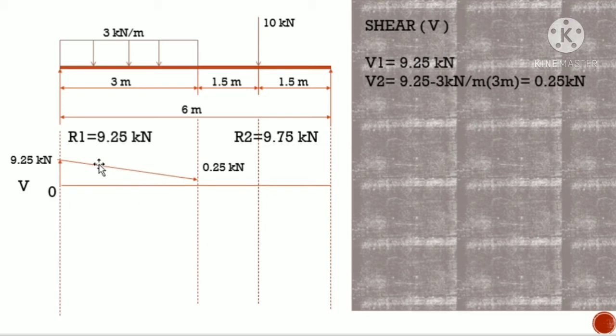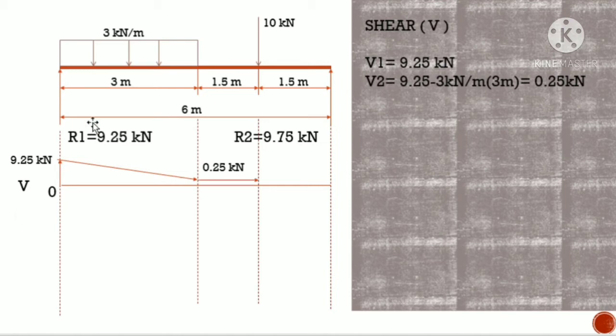Tawagin natin first degree siya. Since positive, andyan lang siya sa taas ng 0, kasi pag negative siya, below 0. Kaya may 0 line. So, 0.25 kilonewton. Kasi uniformly distributed siya, kaya naka-slope or naka-slant siya. Para madaling maintindihan.